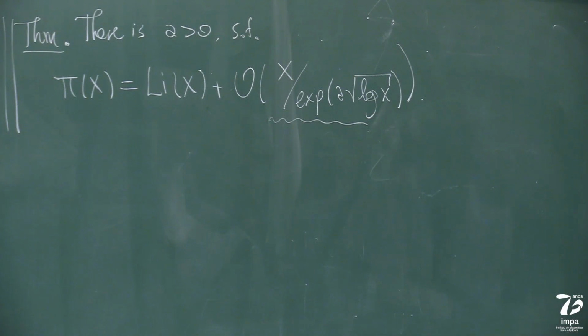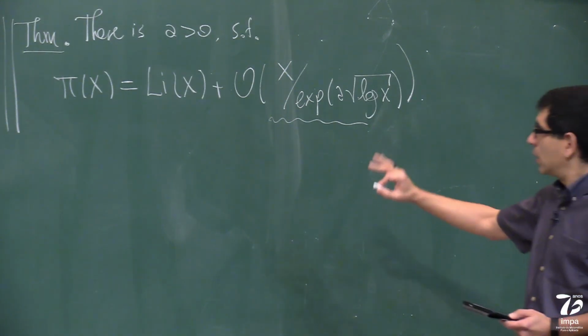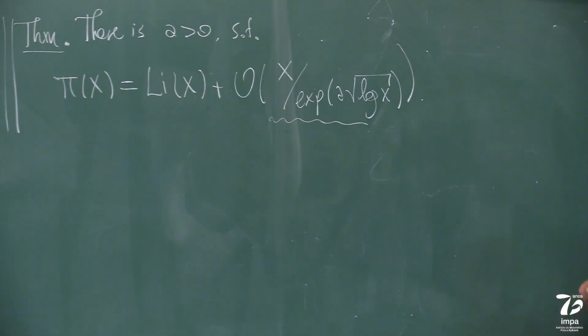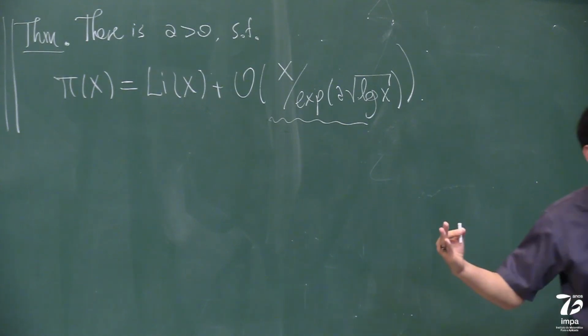And they usually want something that is valid for every value of x, so you have a better approximation for a given number pi of x, sure.